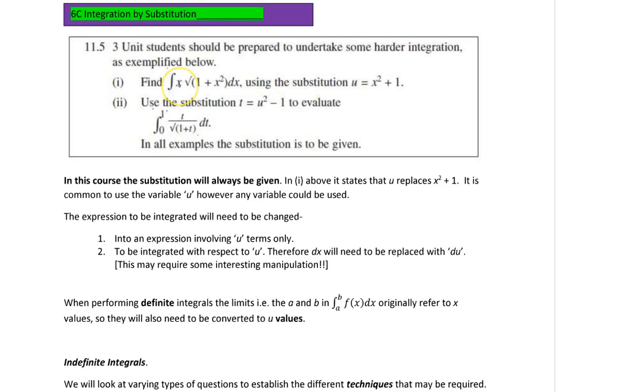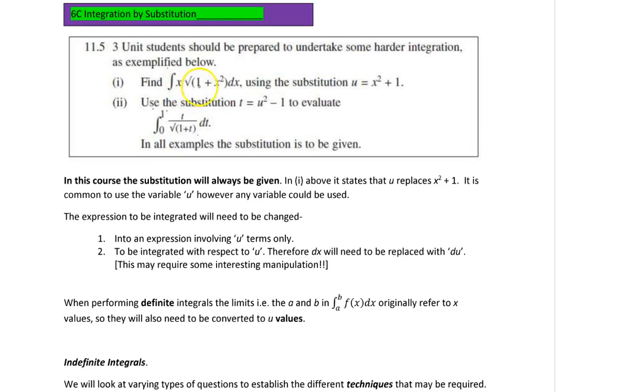So straight from the syllabus, it says that you will be able to undertake some harder integration questions. For example, find the integral of x root 1 plus x squared dx. Now normally we'd look at that, and because it's got a square root there, we know we can't simplify, we can't expand the x into that bracket.